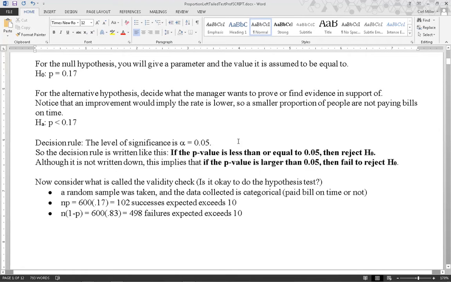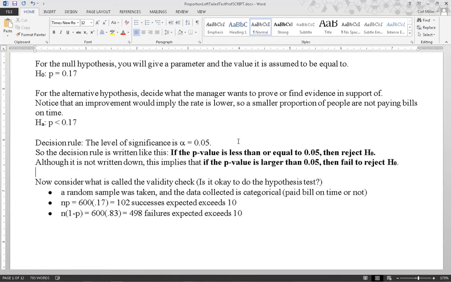Now consider what is called the validity check. Is it okay to do the hypothesis test? A random sample is taken and the data collected is categorical. Did the customer pay the bill on time or not? N times P is 600 times 0.17 from the null hypothesis value of P. That equals 102 successes expected, and that exceeds 10.